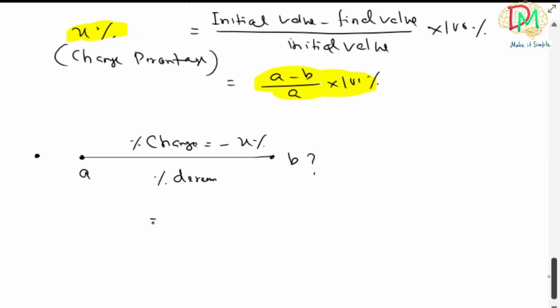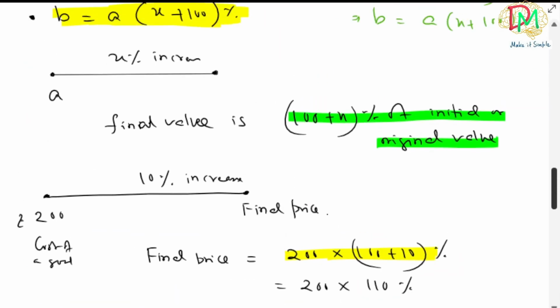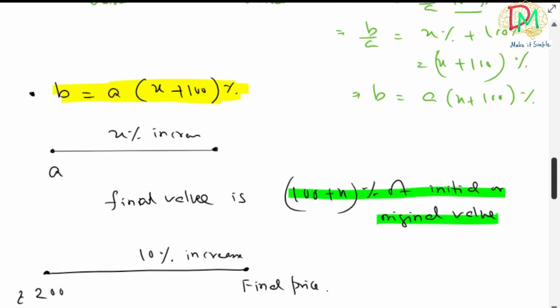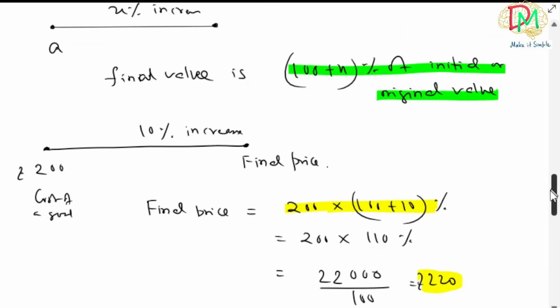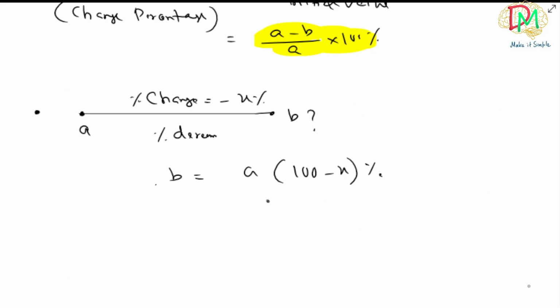So b is equal to initial value into 100 minus x percentage. Clear? Earlier we did 100 plus x percentage, but here we are doing 100 minus x percentage.